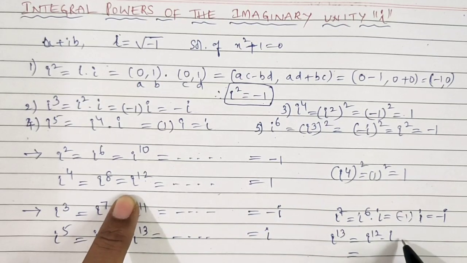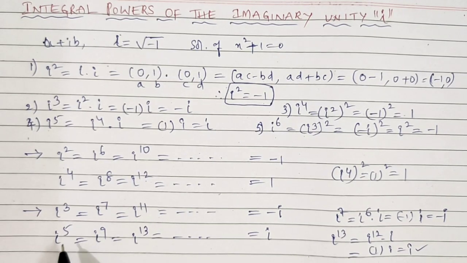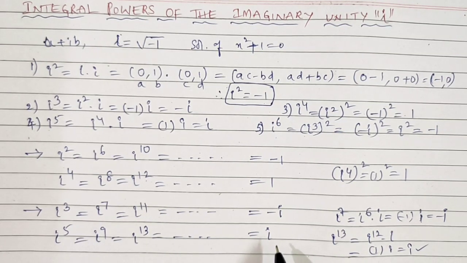So 1 into i itself. Okay, so i power 13 value is also i. So like this, i power 5 is equal to i power 9 is equal to i power 13. So if you add 4 to the previous exponent, we get i.